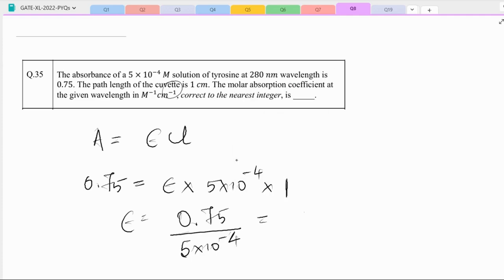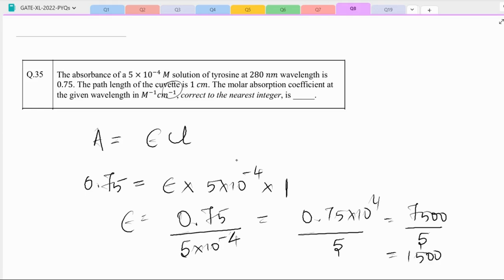That is equal to 0.75 × 10^4 divided by 5, which is 7500 divided by 5, that is going to be 1500 molar inverse centimeter inverse. So it's a very direct question of the Beer-Lambert's law, and the answer here is 1500 molar inverse centimeter inverse. Moving on to the next question.